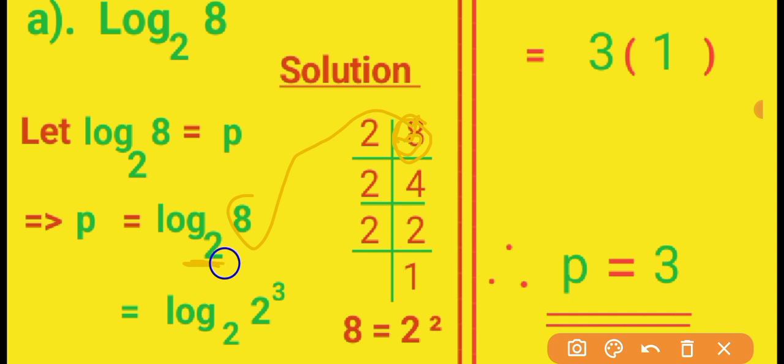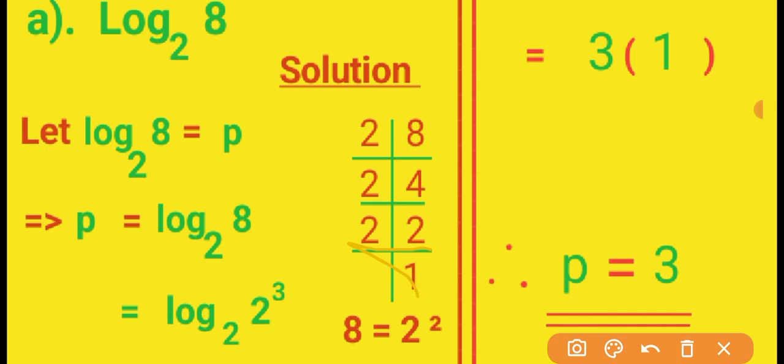So since the base of the logarithm is 2, in each step in this ladder method, we are going to divide by 2. So that is why we are putting this 8 here. So 8 divided by 2, we get 4. And this 4 divided by 2, we get 2. And also 2 divided by 2, we get 1.